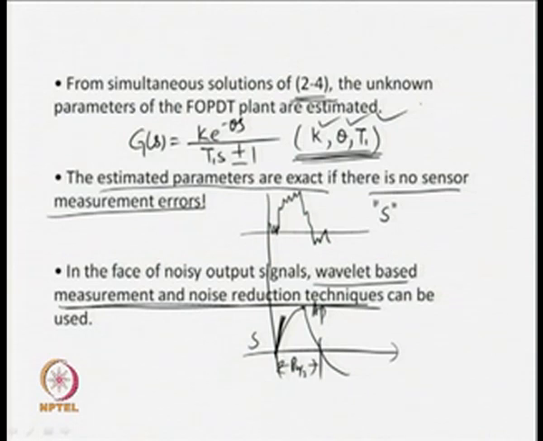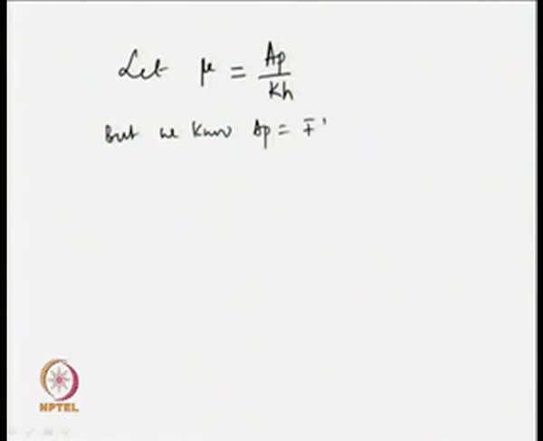Now, let us extend this analysis a little bit. Let us introduce one more parameter. Let mu is equal to Ap by Kh. But we know that Ap, the peak amplitude, can be given in the form of minus plus Kh e to the power minus plus theta upon T1 minus 1.